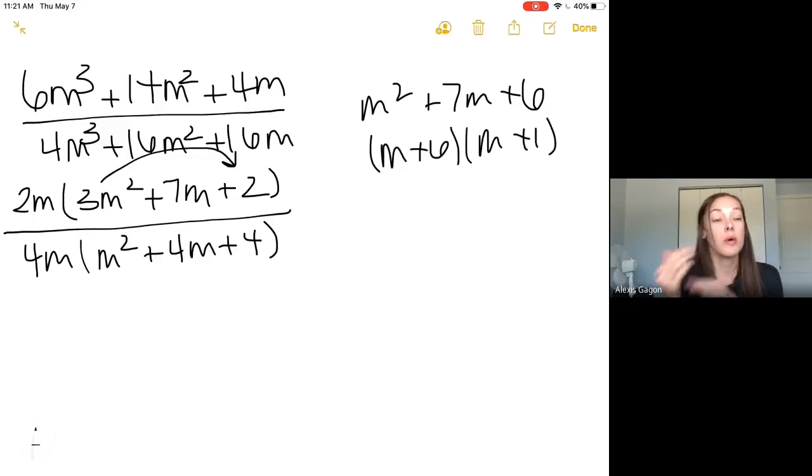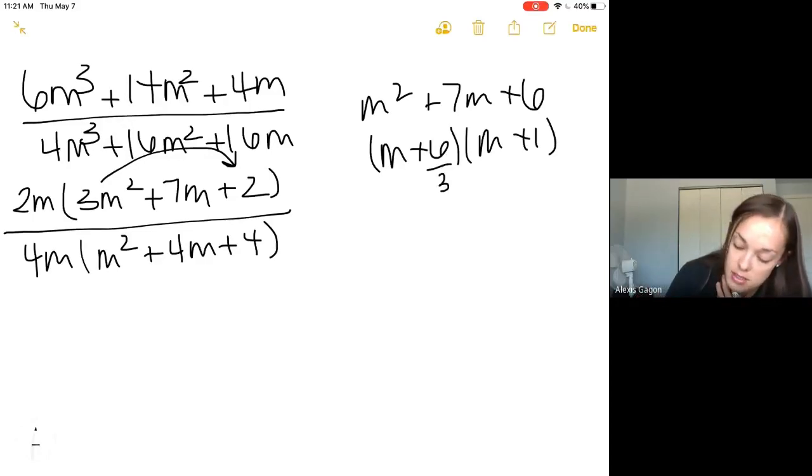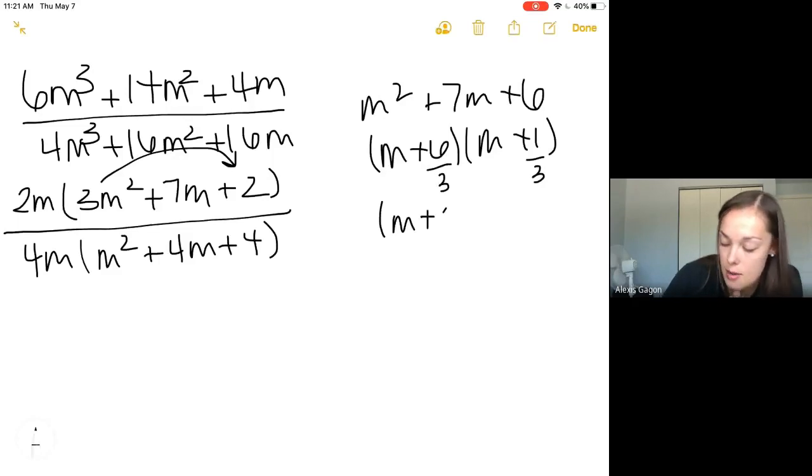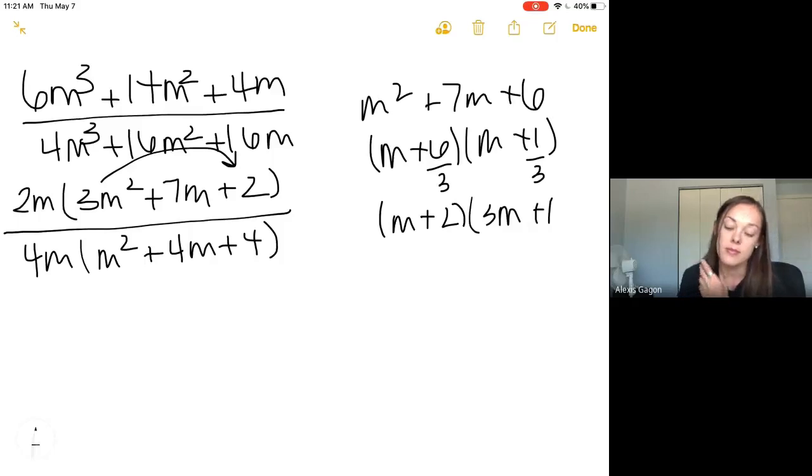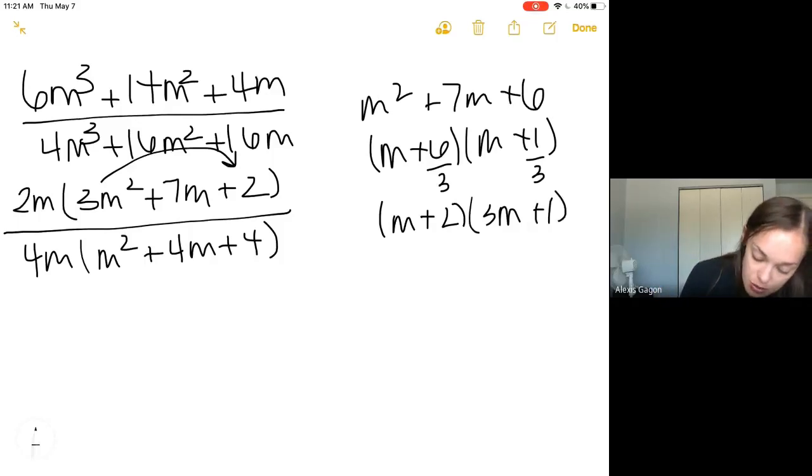Since we multiplied by the 3 to begin with, I have to divide by it. So I'm going to divide by 3 on both of these, and I end up with m plus 2 and 3m plus 1. Okay, so the top ends up being 2m, m plus 2, and 3m plus 1.